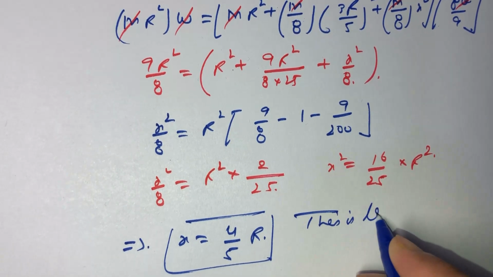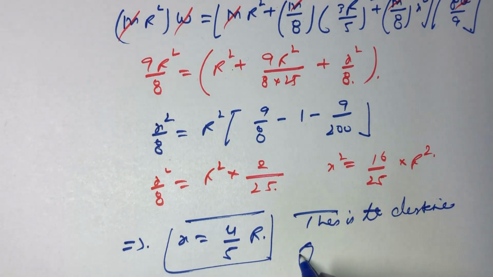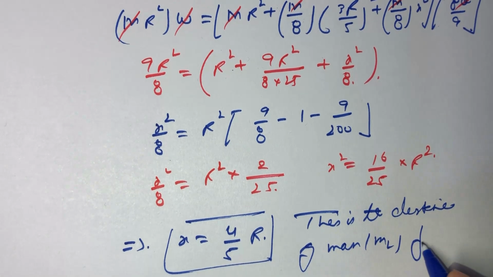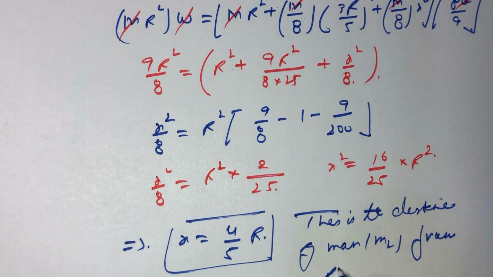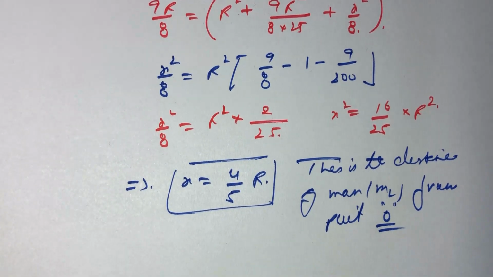This is the distance of mass m2 from point O. And we check the options available to us.